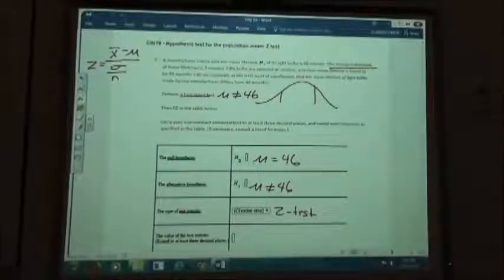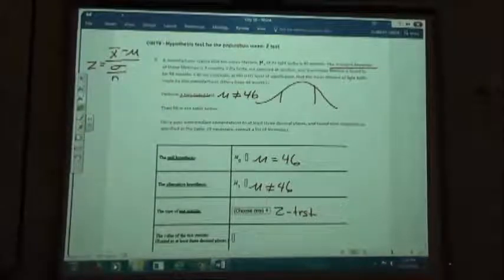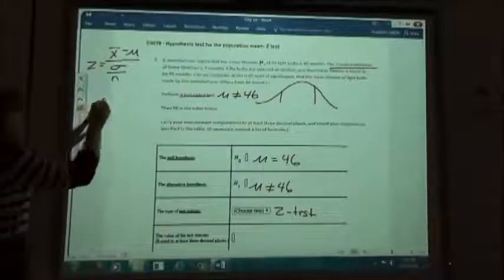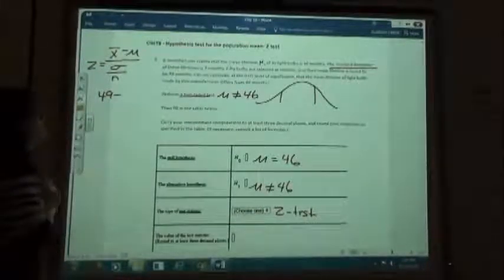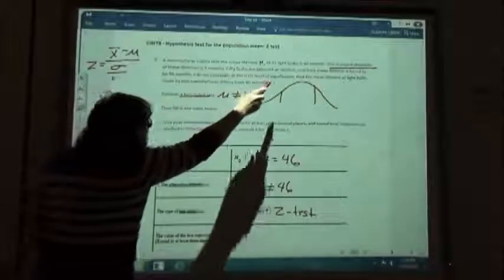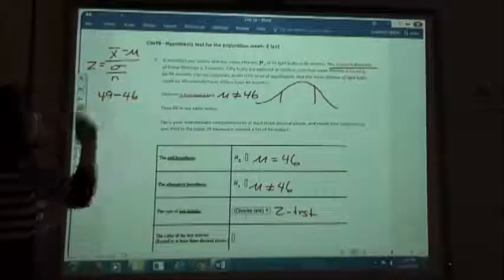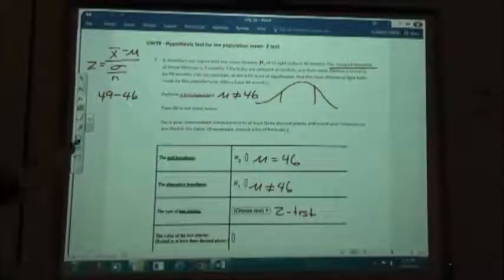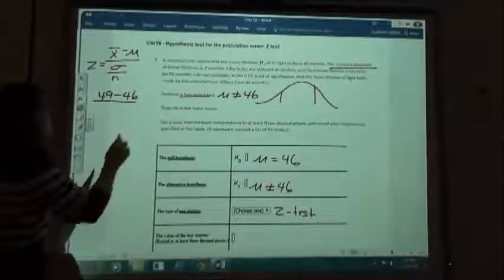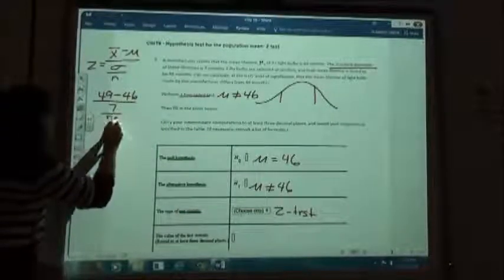So, our sample mean is the 49 months that it was found to be when I did my 50 randomly selected. 49. I'm going to do this population mean, which is the given mean. We know that it was 46 months, or that's what the claim was, that it was 46 months. Standard deviation is 7 months, n we sampled 50.